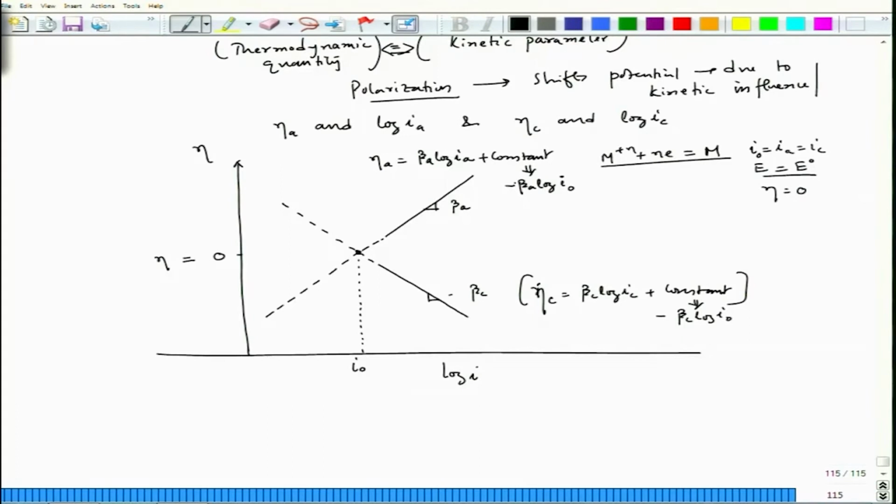Of course, here also this is a minus term, and this beta C has a negative slope.